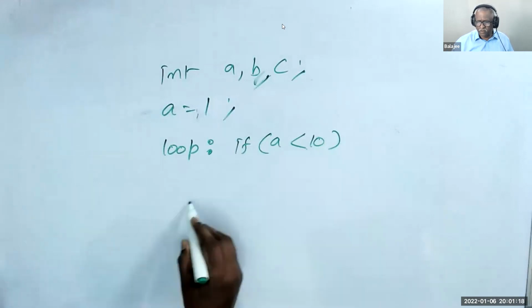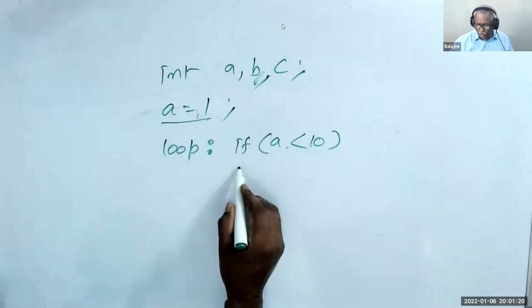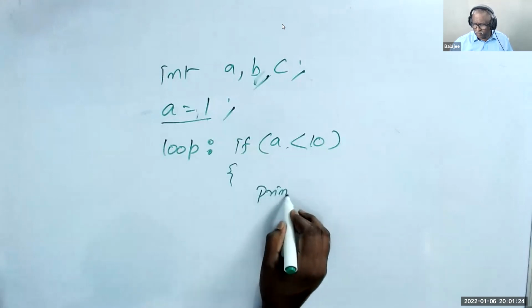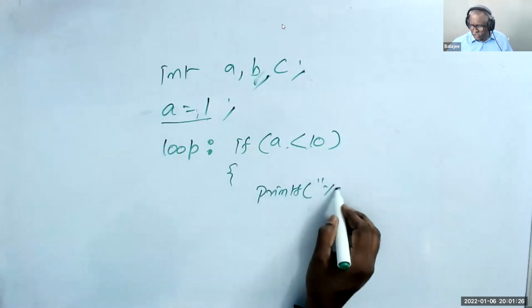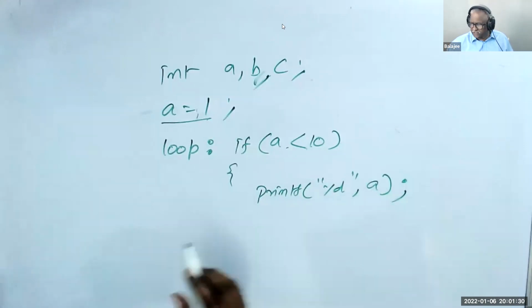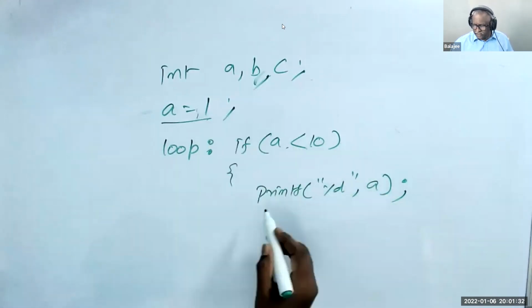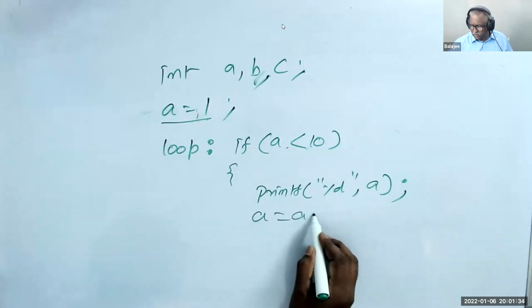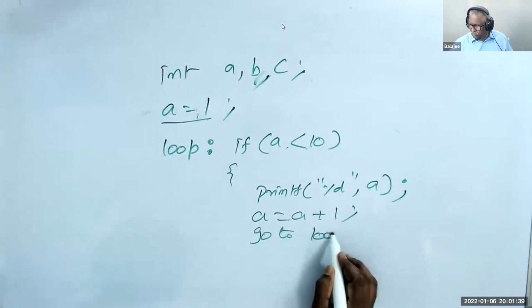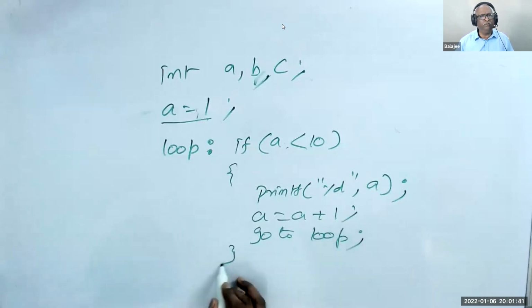Initially it is 1, true. It will come down. I say printf %d, comma, A. It prints 1. Then I say A is equal to A plus 1. Go to loop. Enough, it goes.